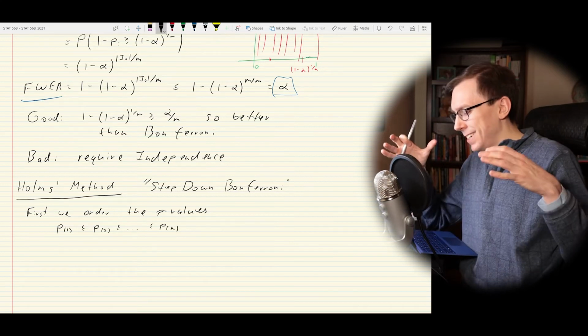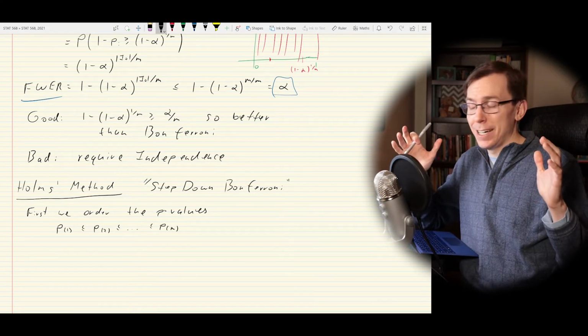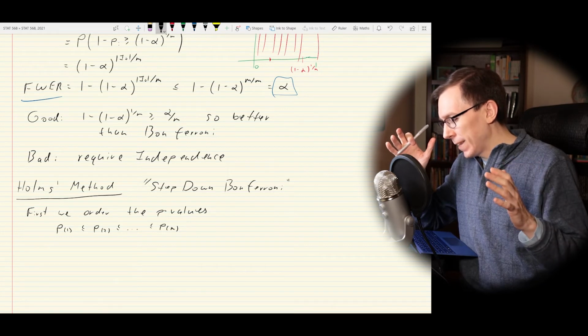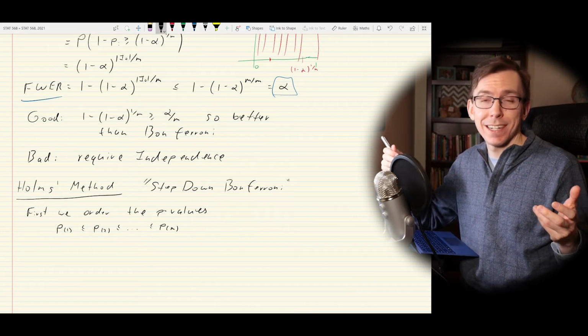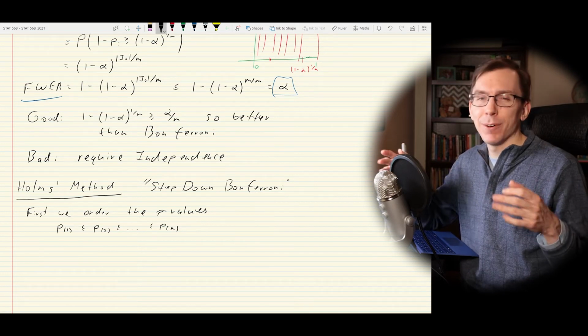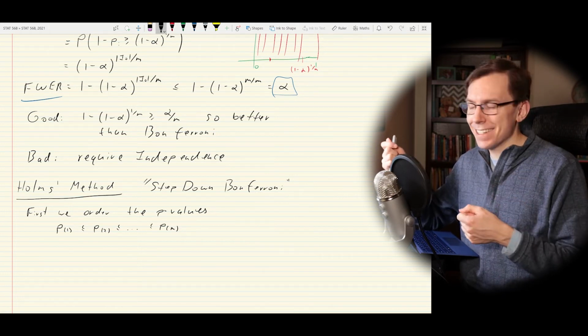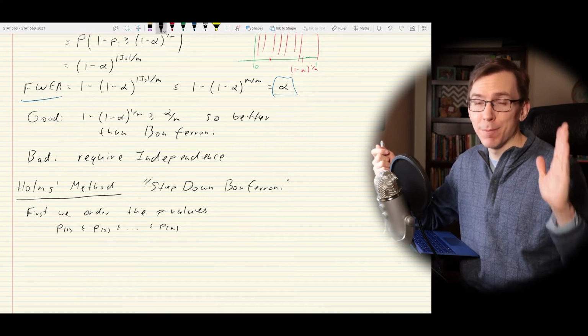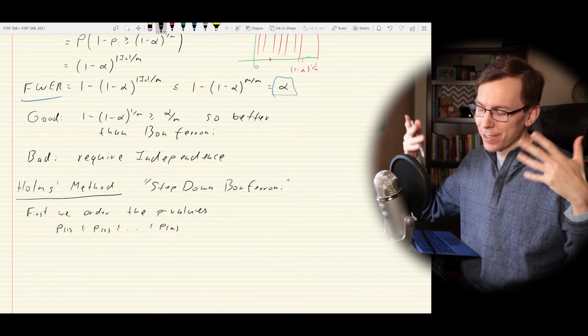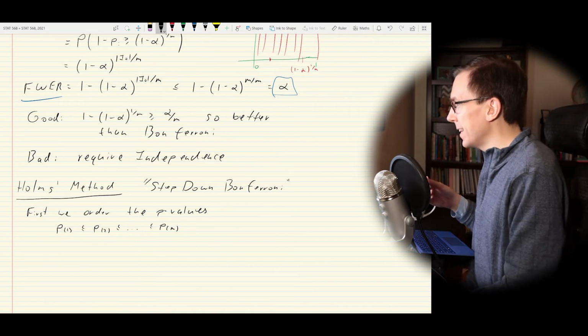Putting the index in parentheses is a standard notation in order statistics, where you're basically saying I'm going to re-index my p-values so that 1 is now the smallest and m is the largest. So it's just a convenient way to do that.